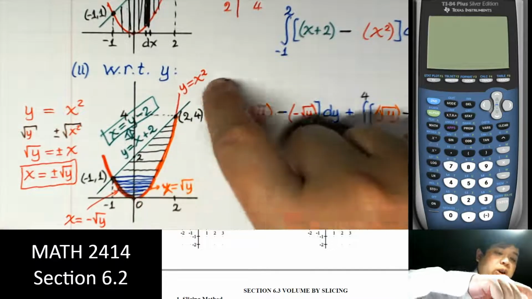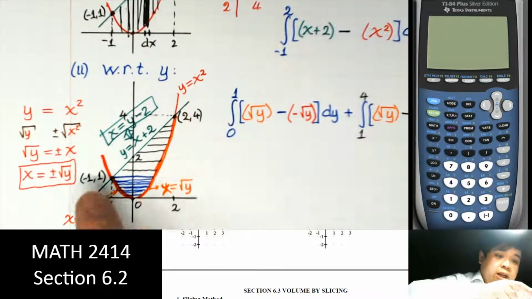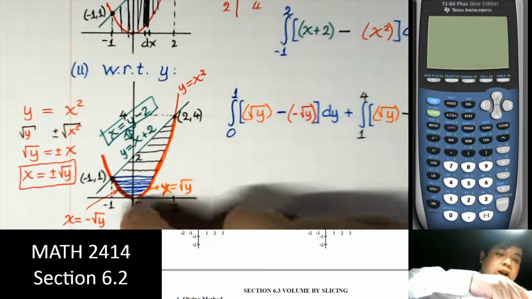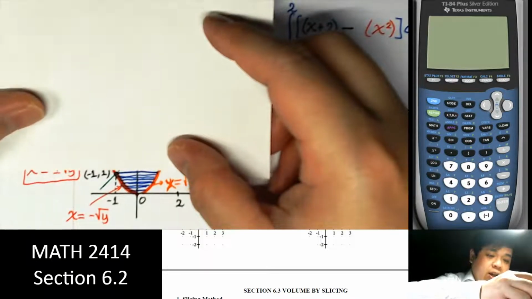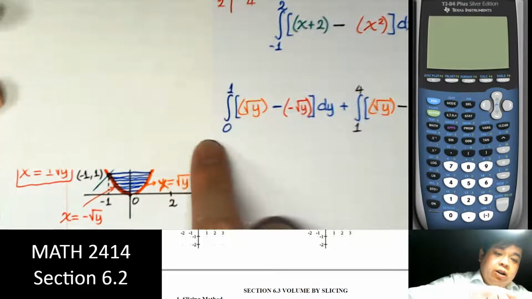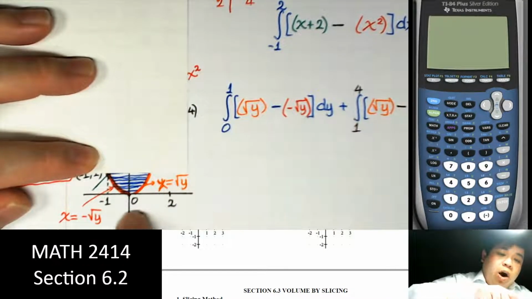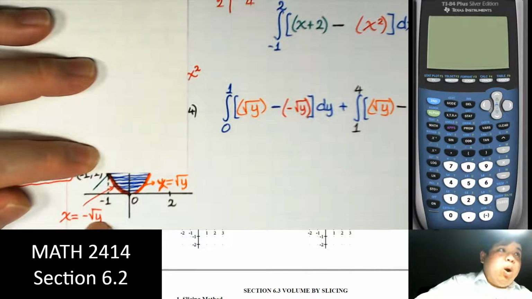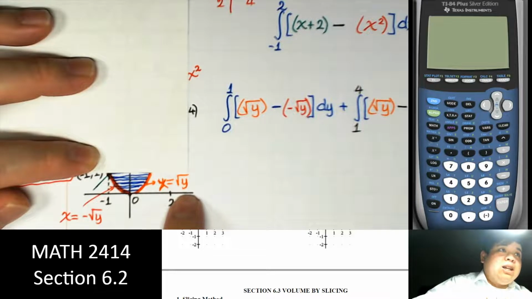Right? So even though it comes from y equal to x squared, it's not a one-to-one function. When we split up into x, it will be negative square root of y and positive square root of y. Now, on this region from 0 to 1 on the y, it is bounded on the left by negative square root of y and bounded on the right by x equal to square root of y.